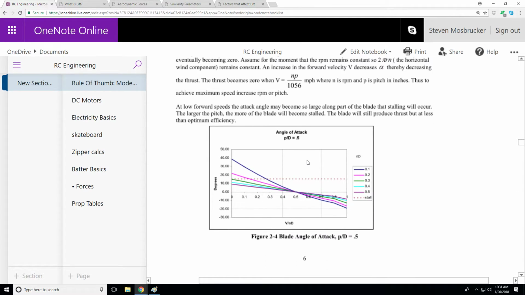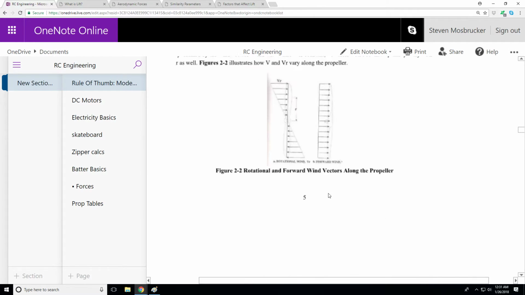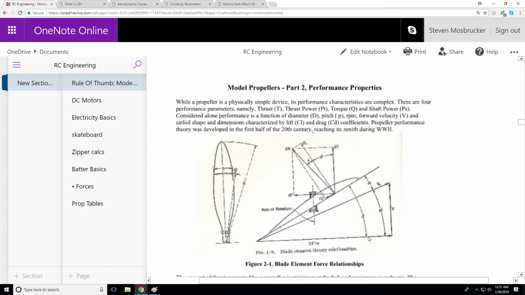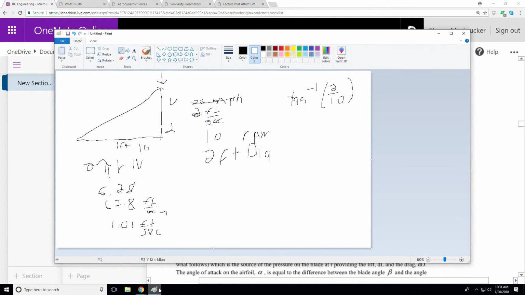Okay, so now we're going to go into, so this is the angle of attack. So this is what kind of alpha you would add to get beta, which is your total angle here. So you would use this to calculate this here will give you theta.